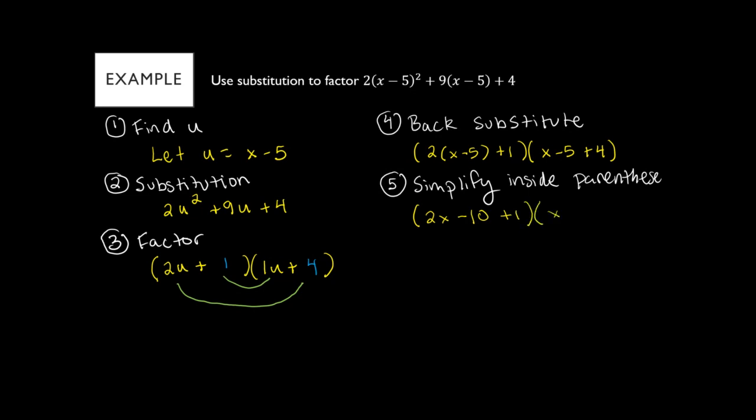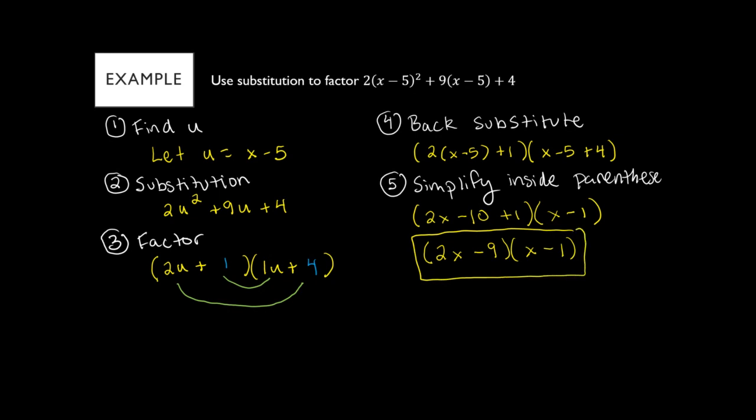And then I could do each set of parentheses separately. So I can do the minus 5 plus 4, which comes to negative 1. And then I have this negative 10 plus 1 that I need to add. So that's 2x minus 9, and then x minus 1. And so then once you've added your like terms, that is your final answer.